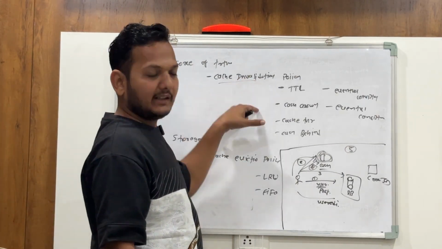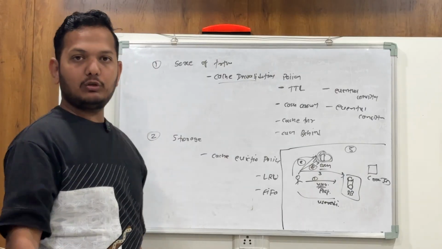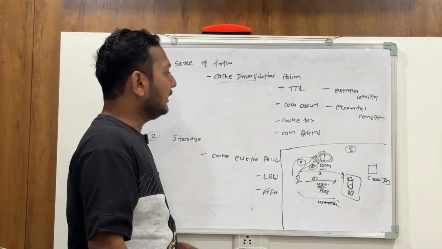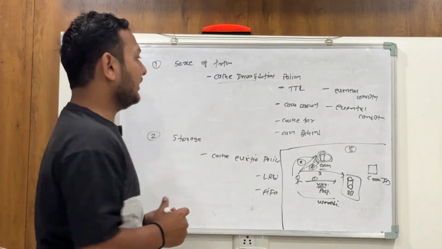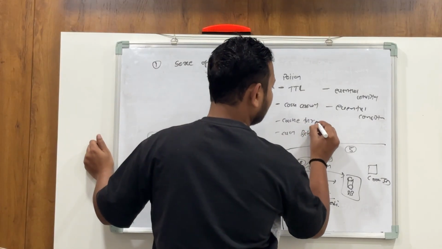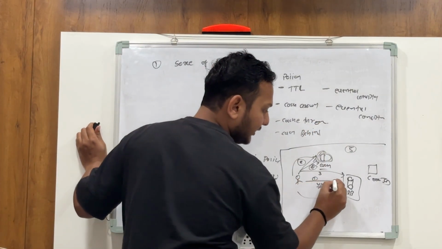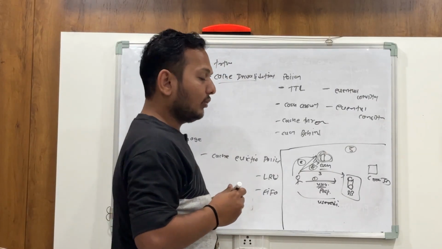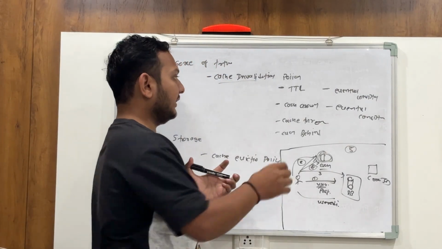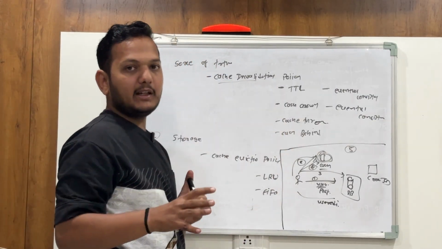So from the TTL and cache aside, we can achieve eventual consistency. Now the third thing is write through. Earlier, whenever we were writing the user data, we were writing only to the DB.